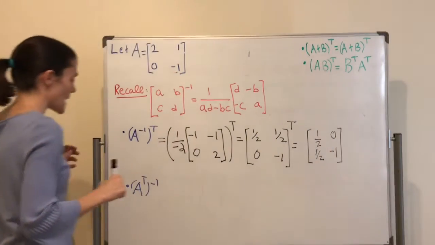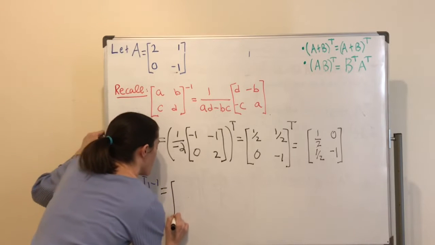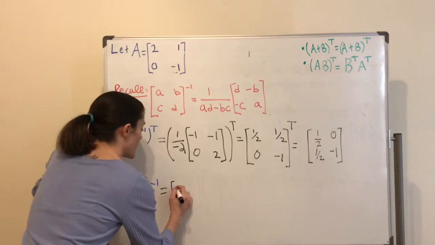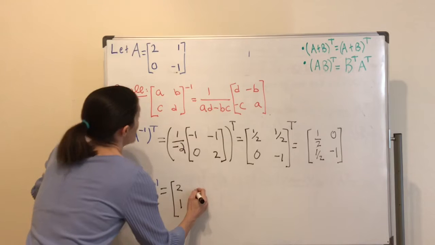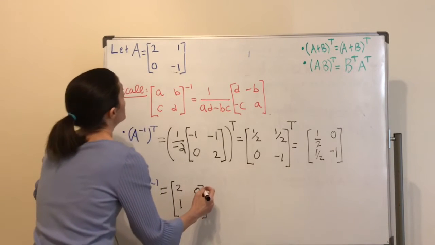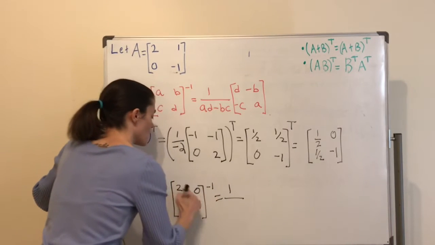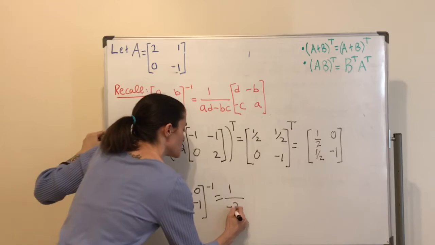Now let's compute this way. So first we take A transpose. Okay, we have 2, 1, 0, -1. And then we take the inverse, which is going to be 1 over -2.